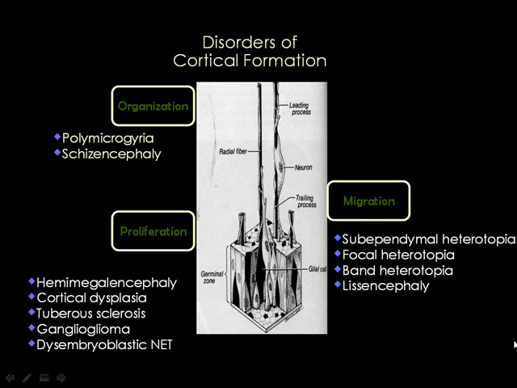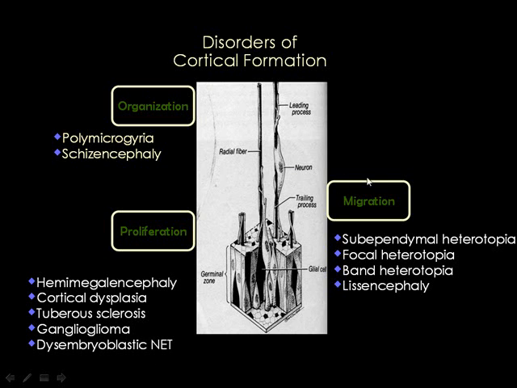Then the final classification of the lesions, you got 3 abnormalities. Abnormalities in the proliferation, abnormalities in the migration, and abnormalities in organization. The proliferation abnormalities will include the hemimegalencephaly, the cortical dysplasia, the tumors including the ganglioglioma and the dysembryoplastic neuroepithelial tumor, some cases of tuberous sclerosis as well.